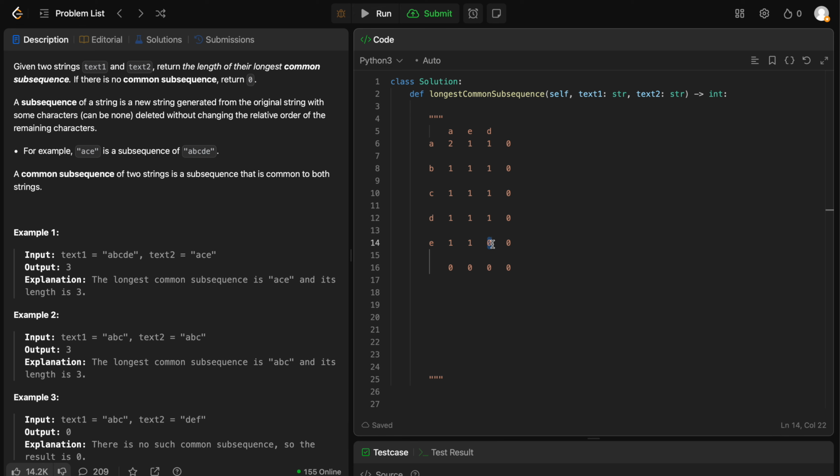How do we do that? Let's try to get something like CDE. So let's start from here. We'll delete on the way. Here we have E and E. They are the same, so it's diagonal 1 plus 1.